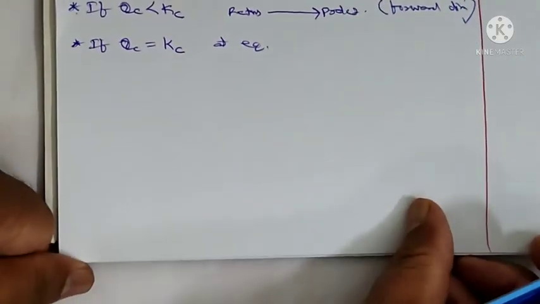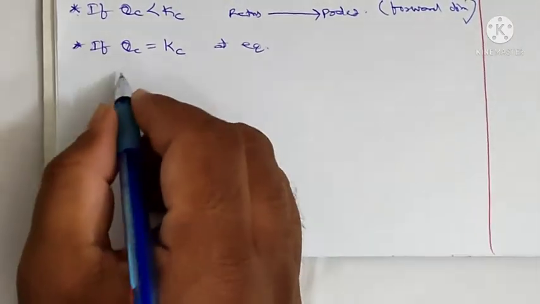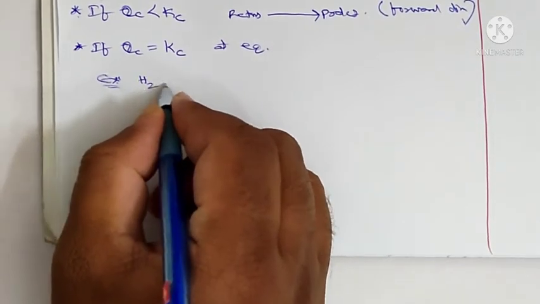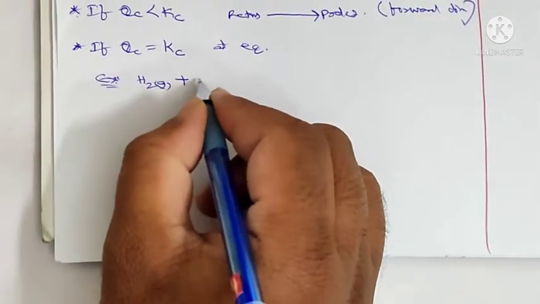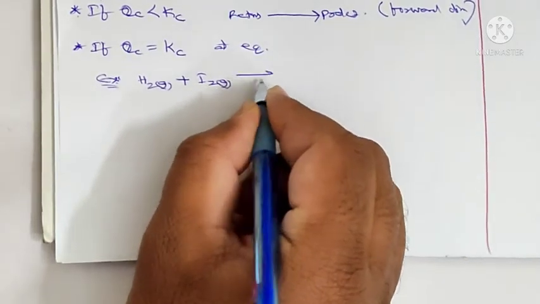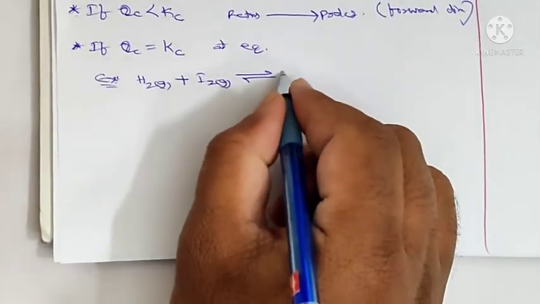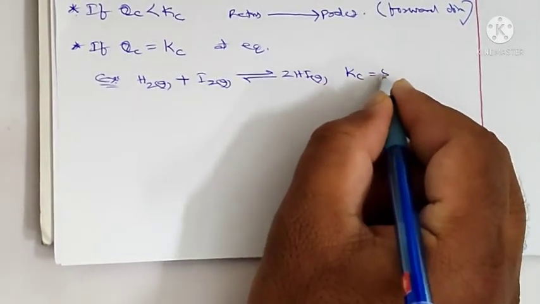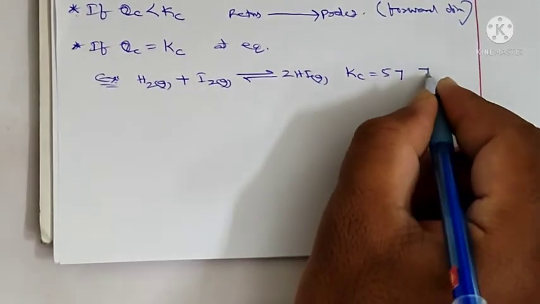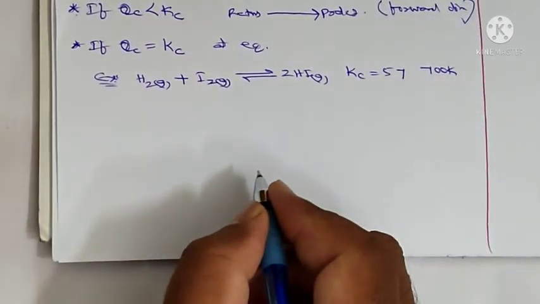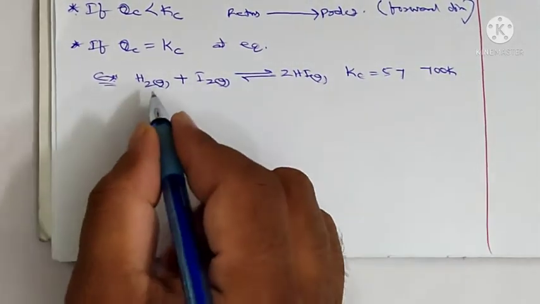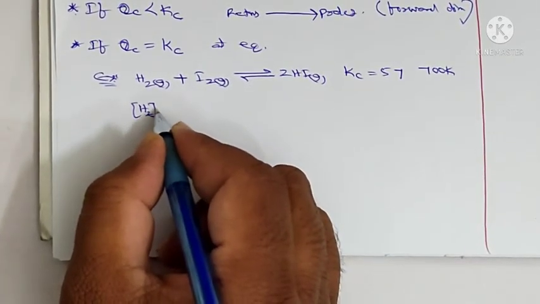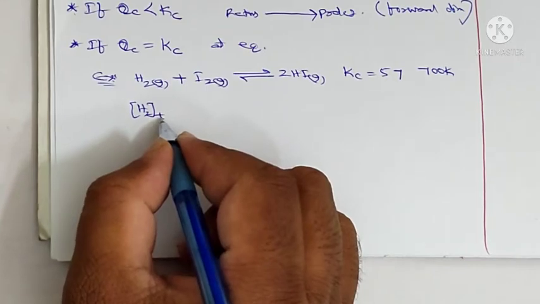Let me take one example. H2 gas plus I2 gas equilibrium 2HI gas. So here Kc is equal to 57 at 700 Kelvin. Suppose the molar concentration of H2, subscript t.